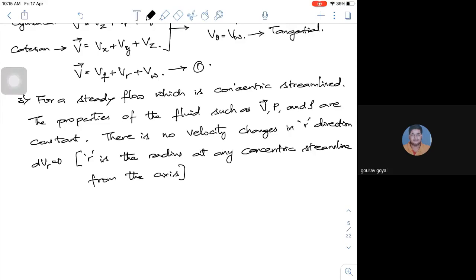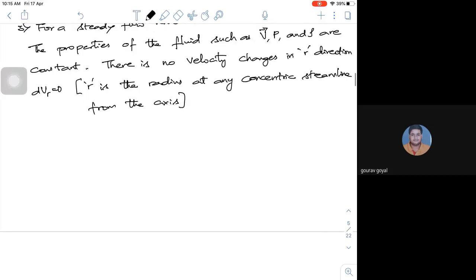Now when I have taken this particular thing, let's look at how my pressure gradients vary with it.